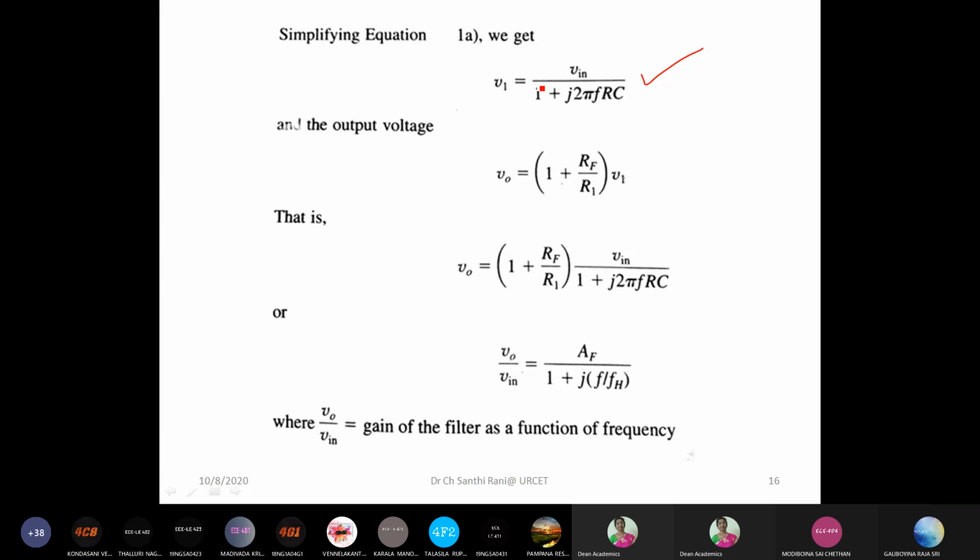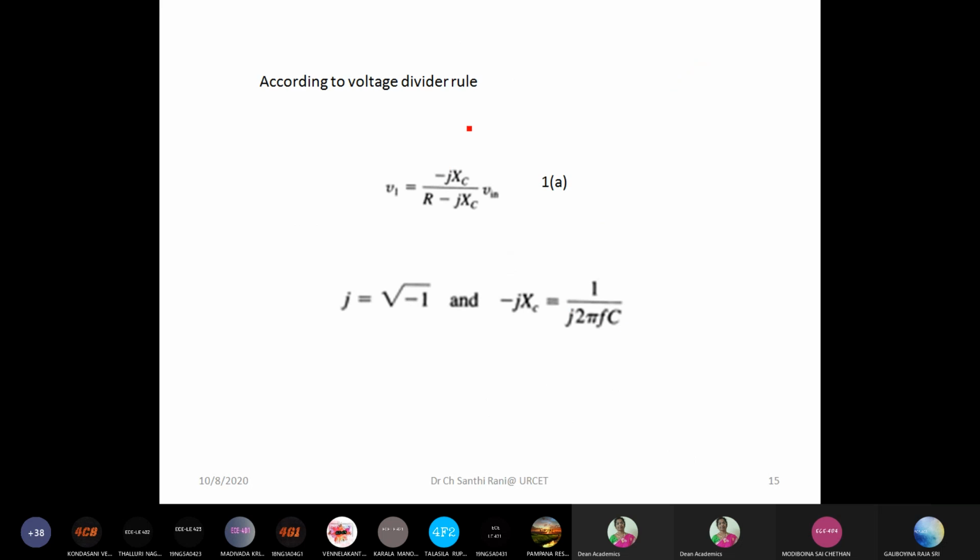I think some of you have done this rearrangement, and some of you might not have done it. Anyone who has done this, please take a photo of it and share it in the chat box.